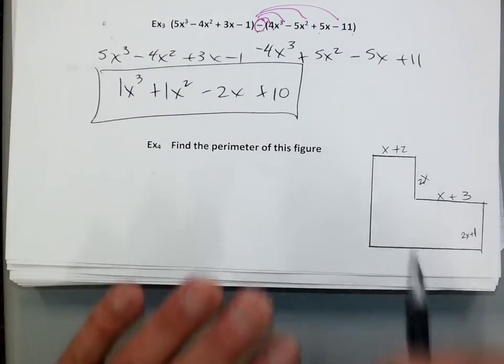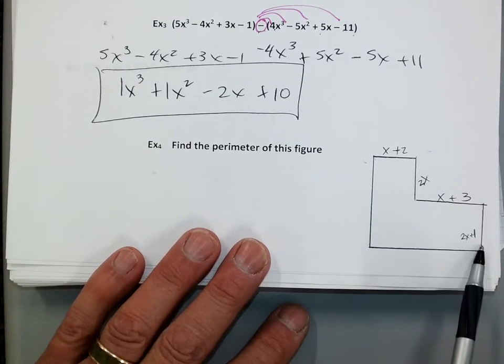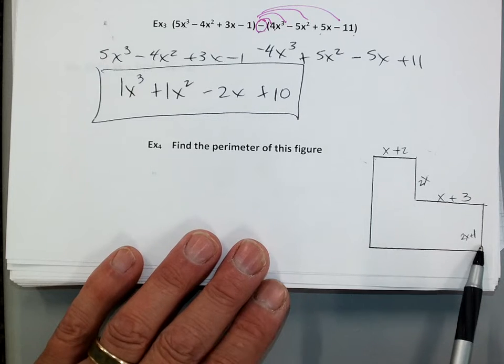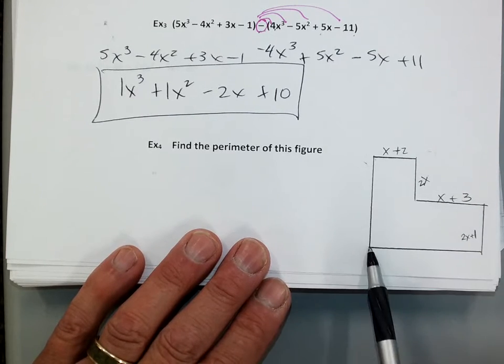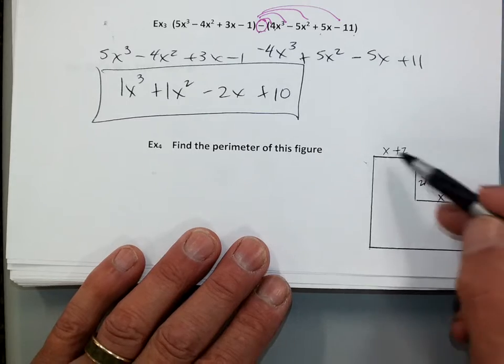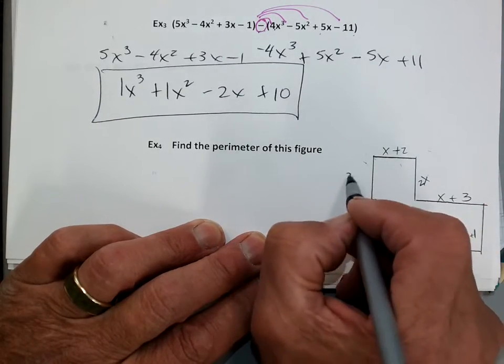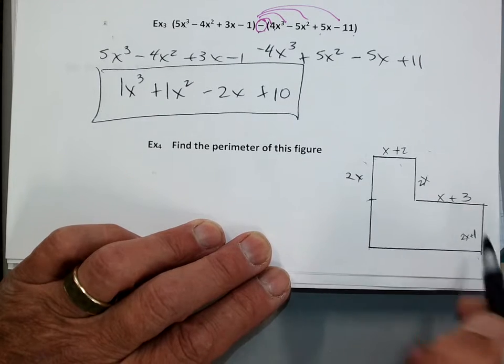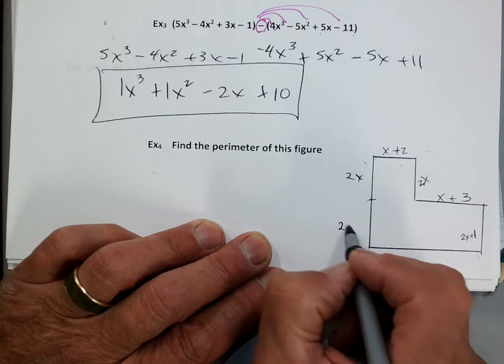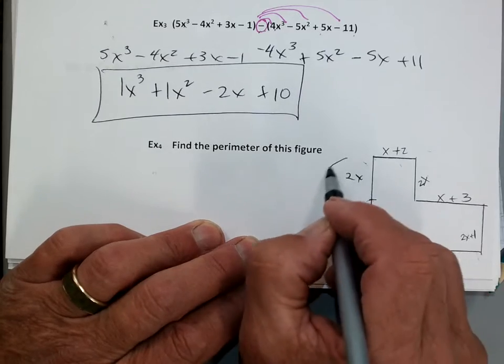So, if I want the perimeter of this whole thing, I'm missing some sides. I need to know this length and this length. Well, that's not too bad. Now watch. So from here to here is 2x, from here to here is a 2x plus 1.